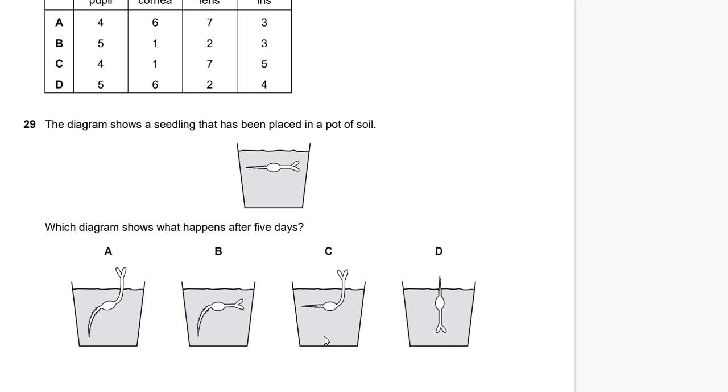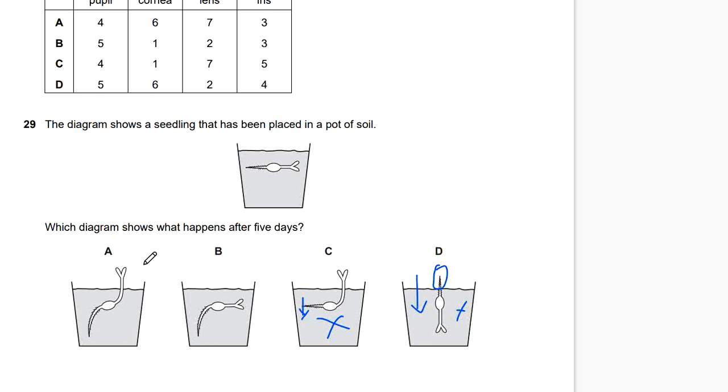So letter C is not the right diagram, because the roots will eventually penetrate the soil. Letter D is also not the correct diagram, because of course the roots will go towards or penetrate the soil.